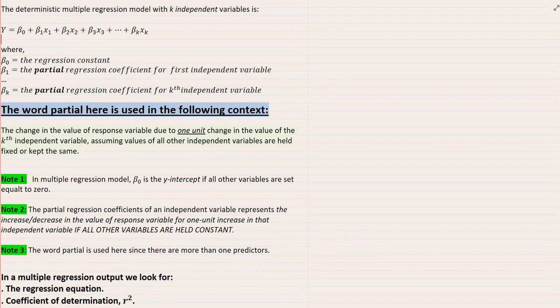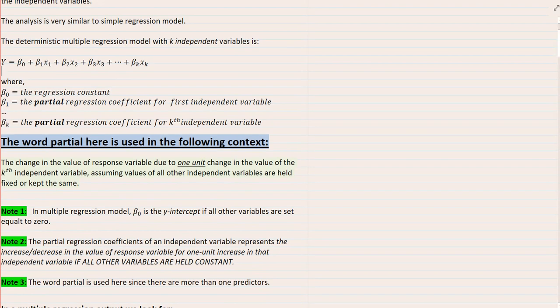And the other betas, beta 1, beta 2, and so on, up to beta sub k, these are what we call the partial regression coefficients for first, second, third, and so on. So for example, beta 1 would be the partial regression coefficient for the first independent variable, that would be x sub 1. Beta 2 would be that of x sub 2, and so on.